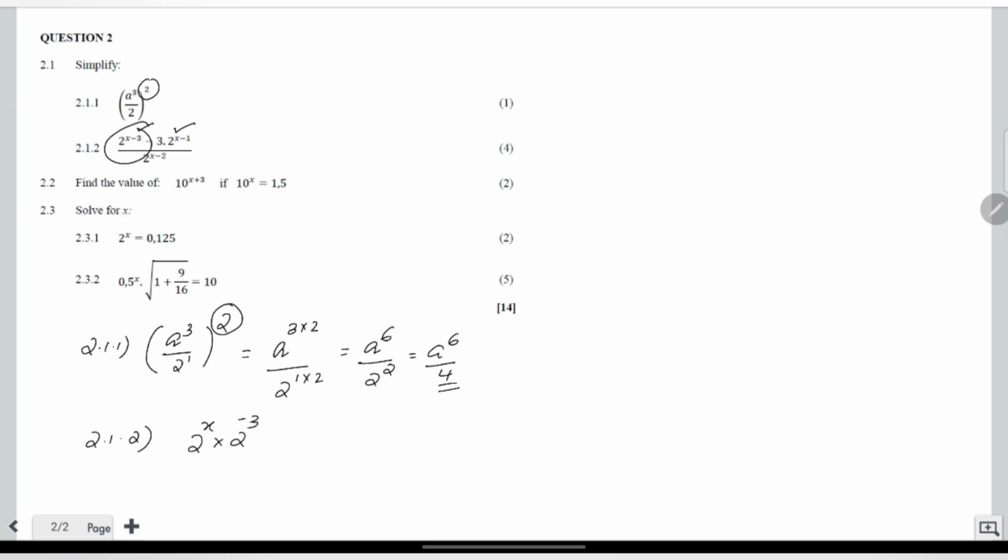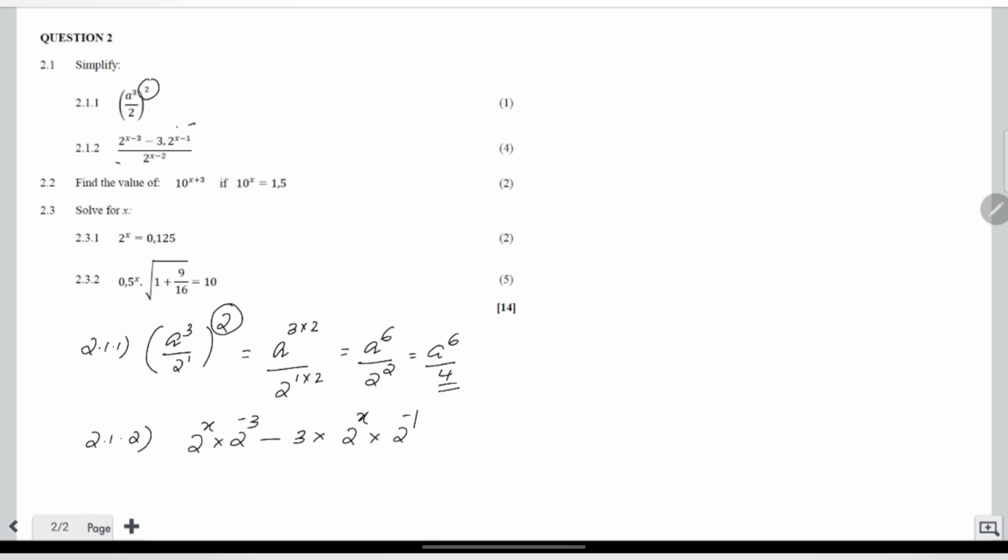That 2 to the power x minus 3, you can split like this. Then minus 3 times 2 to the power x, and again you split the power: 2 to the power minus 1. So that's x minus 1, this is how you have to split.